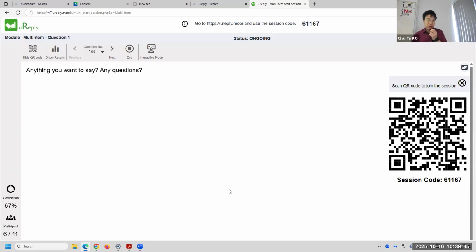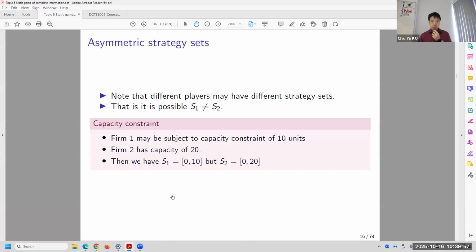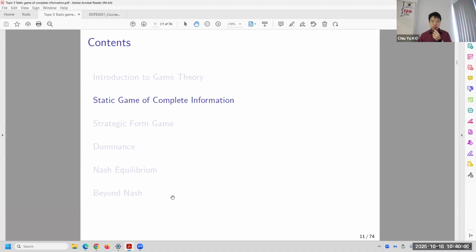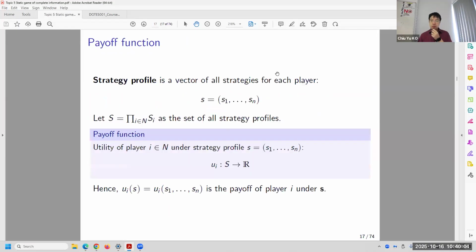So let's see, anything say? What's capital S? Without the subscript, it means the vector. So let me go to them. There's a question on slide 17, right? Without the subscript S, actually I think I should bold it.